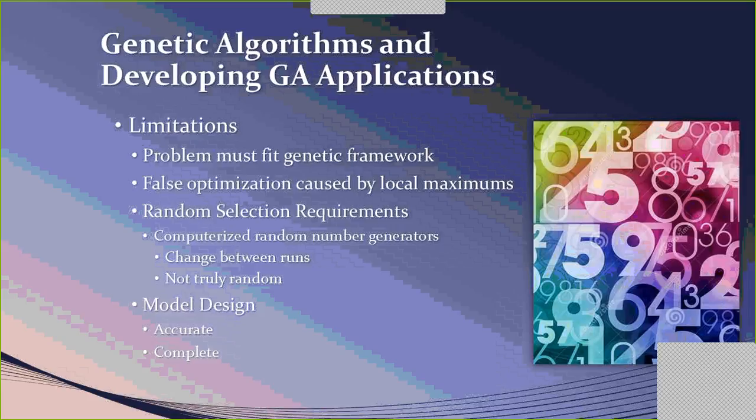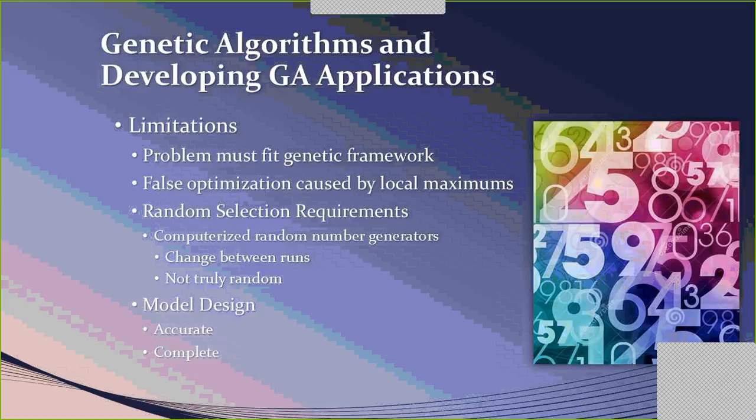With our tools, we rely on random number generation to pick our new offspring and to decide where we're going to split things. In our technology, we're using computer random number generators, and there are a couple of problems with them. They are not consistent in how they select random numbers, and because they're based on some algorithm, they're not actually random, they just appear to be random, so you don't get actual randomness in your model.